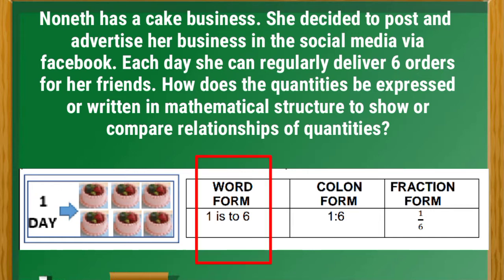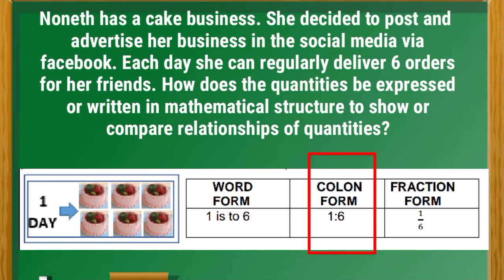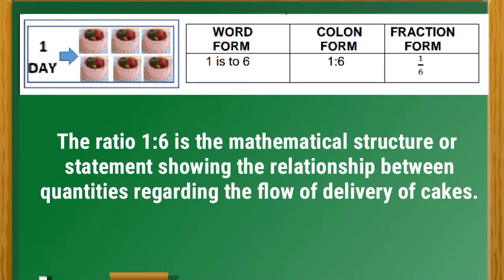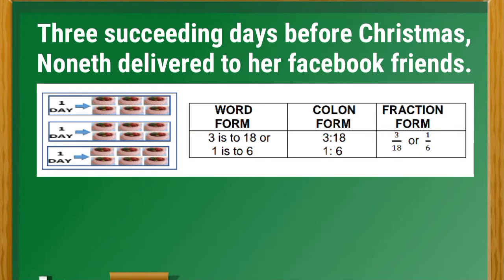In word form, which is 1 is to 6, column form, the same, 1 is to 6, and in fraction form, 1 over 6. The ratio 1 is to 6 is the mathematical statement showing the relationship between quantities regarding the flow of delivery of cakes. Now let's have another one.